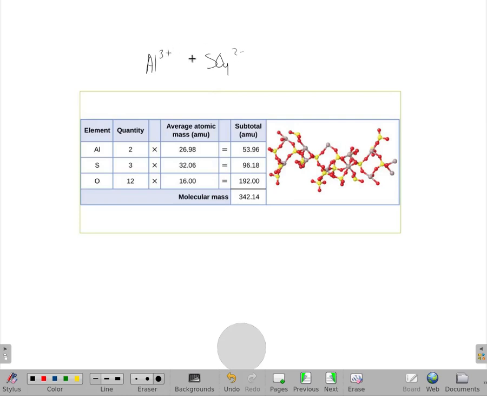That's a positive 3 and a minus 2. So aluminum sulfate has the formula Al2(SO4)3. There'd be 2 aluminums, 1 sulfur times 3, 3 sulfurs, and 4 oxygens times 3, 12 oxygens. You go through the same process to get that molecular weight in AMUs.